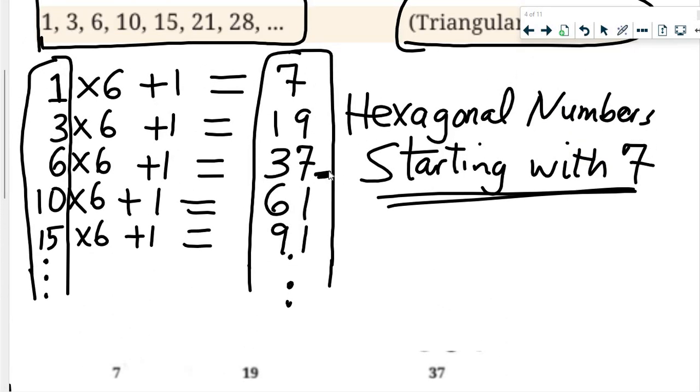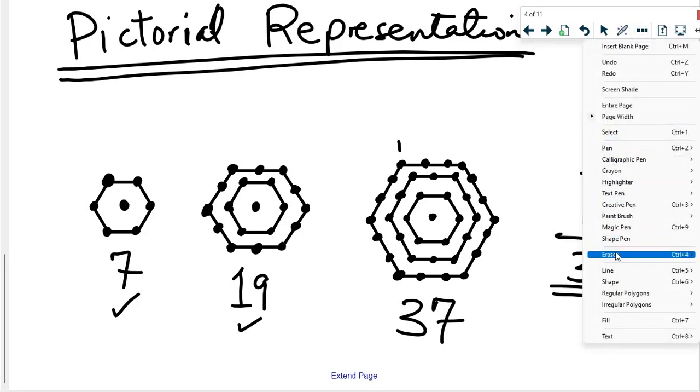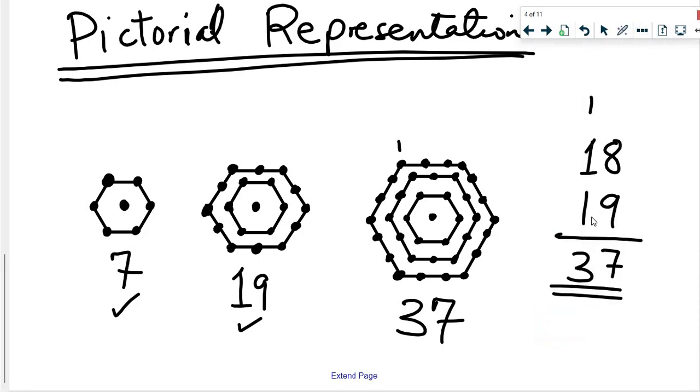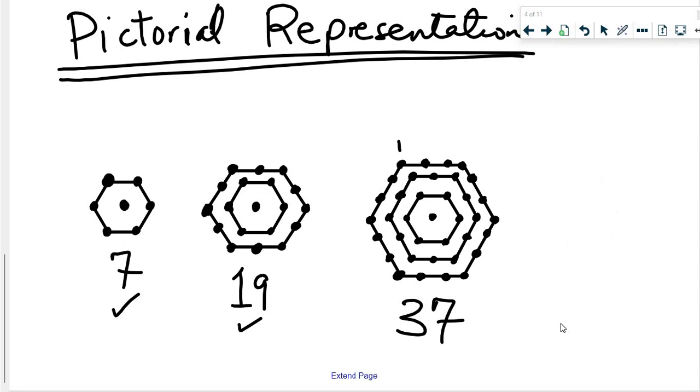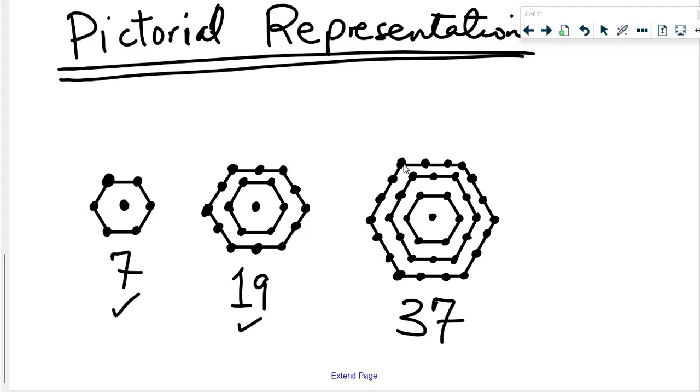So this is how, if they ask you, can you explain using a pictorial representation that when you multiply a triangular number by 6 and add 1, you get hexagonal numbers. Can you explain using a picture?